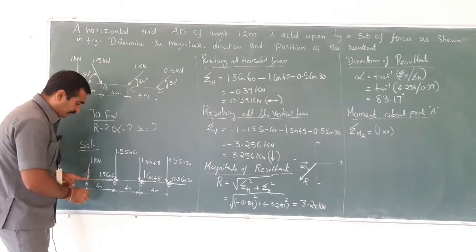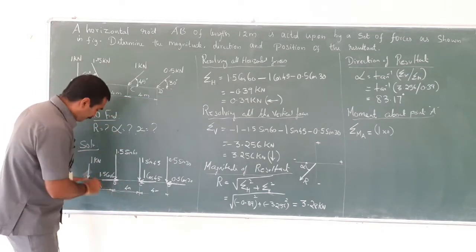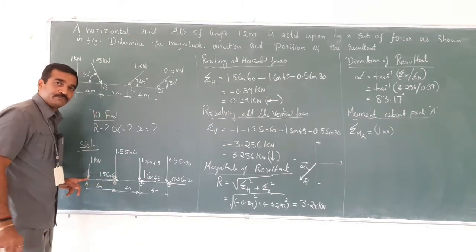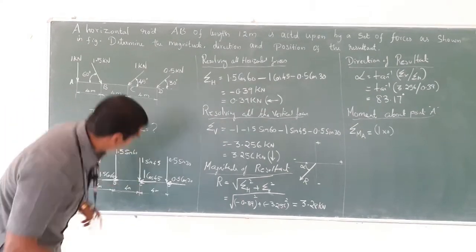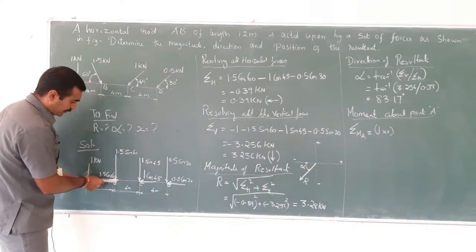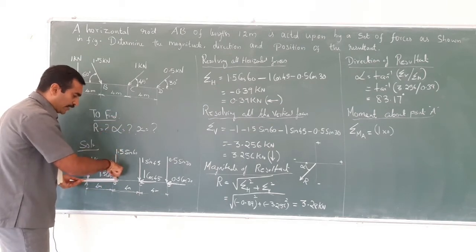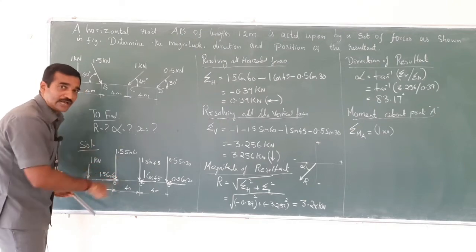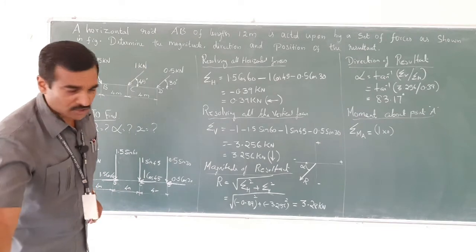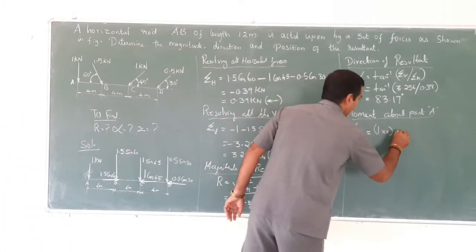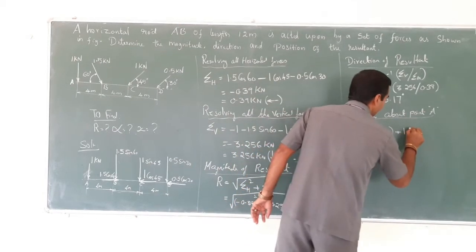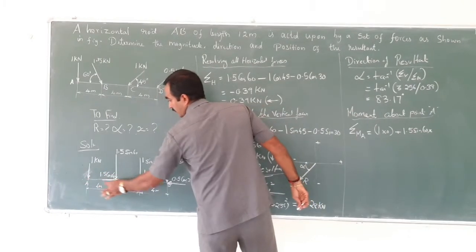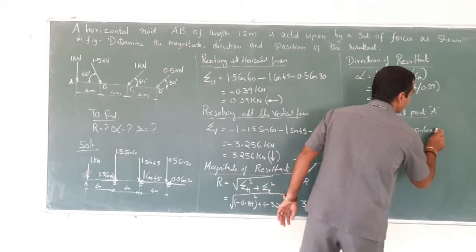So from here, because we are taking the moment about point A, its perpendicular distance could be 4 meter at point B. And look at here, the force is at this point, right? Now the force is acting downwards, and the moment will have a tendency to rotate the rod in the clockwise direction, so it will have the positive sign. The magnitude is 1.5 sin 60 into its perpendicular distance from the origin, which is 4 meter, into 4.